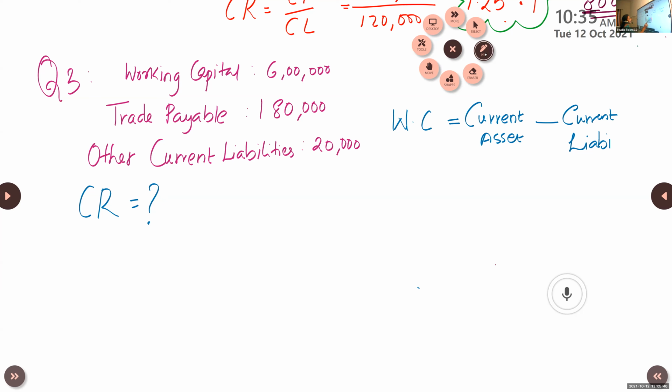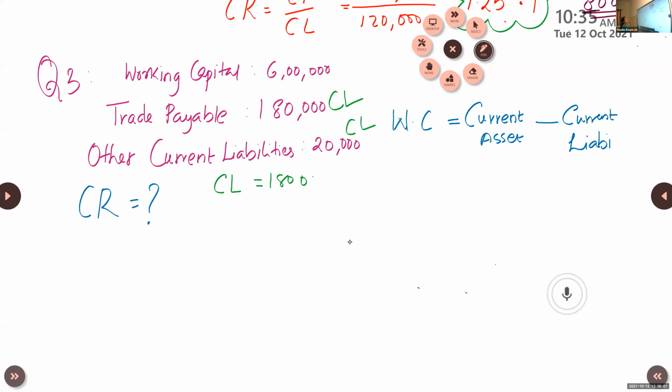Trade payables is current liability and other current liability is current liability. Both are current liability. So current liability is equal to 1,80,000 plus 20,000. How much is that? 2 lakh.